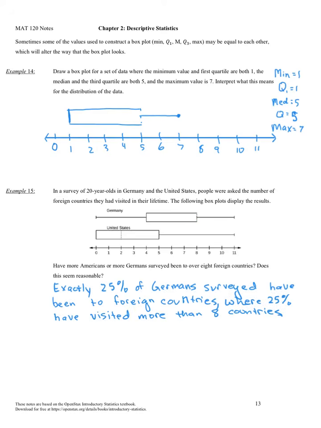Whereas if we look at the United States, we know 25% of our data falls between 5 and 11, which means the percent that falls between 8 and 11, or more than 8, will be less than 25%.